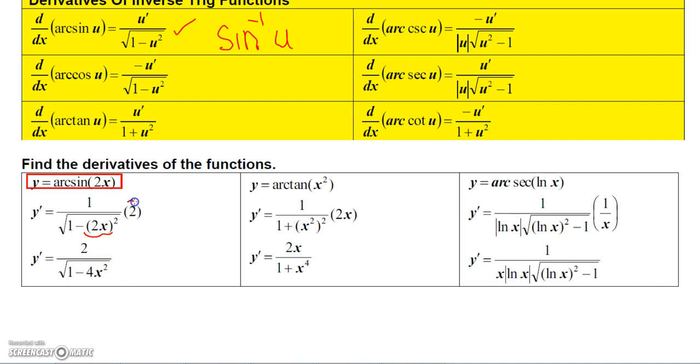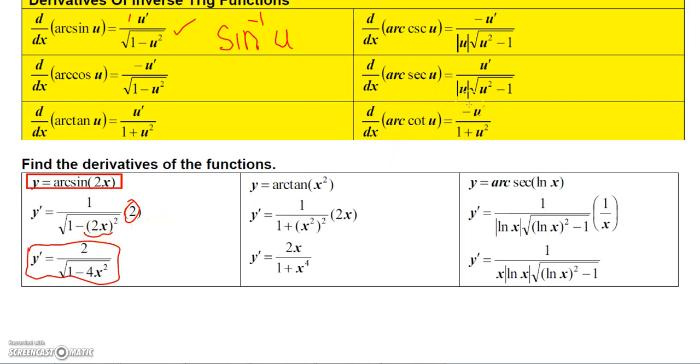And then I have to multiply that by the derivative of u, and the derivative of 2x is 2. So I just have 2 over the square root of 1 minus 4x squared. So you can see I did this as if the formula said it's 1 over all of this times u prime. But whether you do it that way or just put u prime on top and then put this radical on bottom, it's the same thing. So you end up with y prime is 2 over the square root of 1 minus 4x squared.